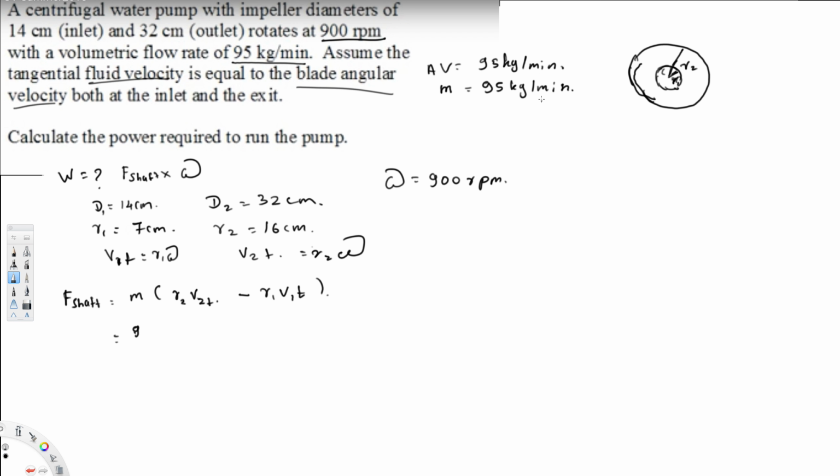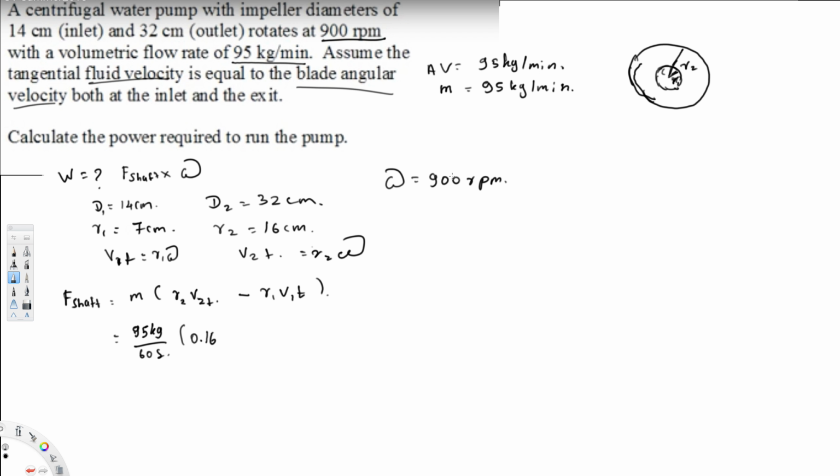Since this is in minutes, I had to convert into seconds: 95 kilogram per 60 seconds. Then we have R2, that is 16 centimeter. If I convert into meter, that's 0.16, times V2t. Instead of V2t, I'm going to put R2 omega.